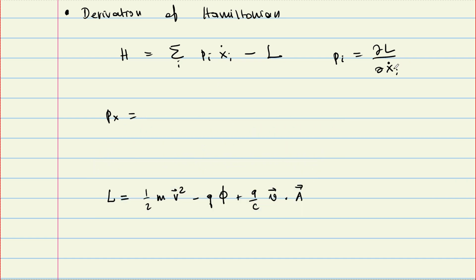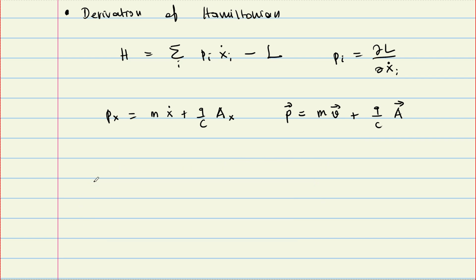So I'm taking a derivative with respect to x dot. So this is going to be m x dot from the first term. There is no x dot here, plus q over c. There is x dot A x, y dot A y, z dot A z, but only the first term is x dot dependent. So this is going to be q over c A x. So in all components, this is going to be p is equal to m v plus q over c A. Now I can cross this.